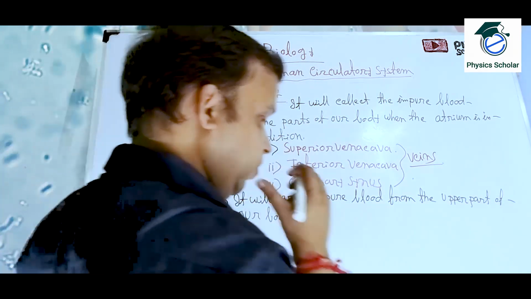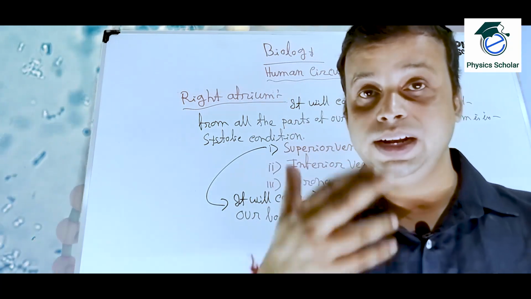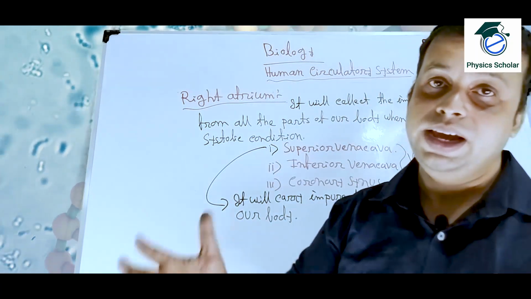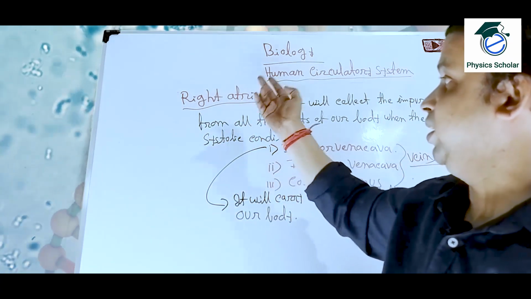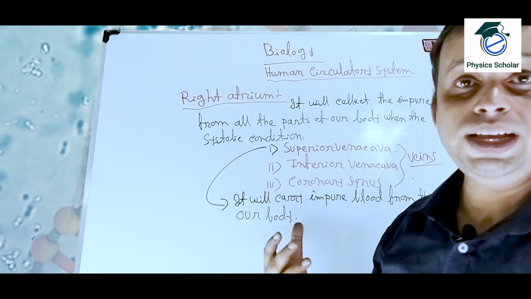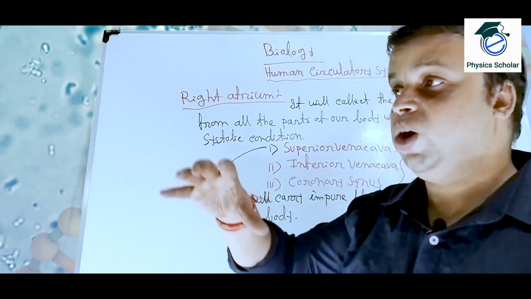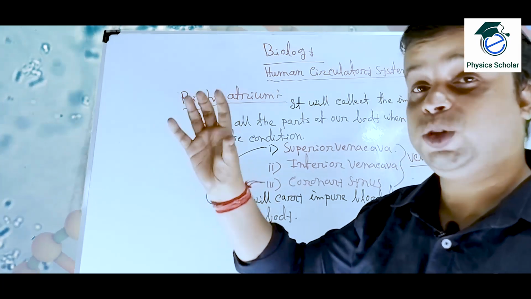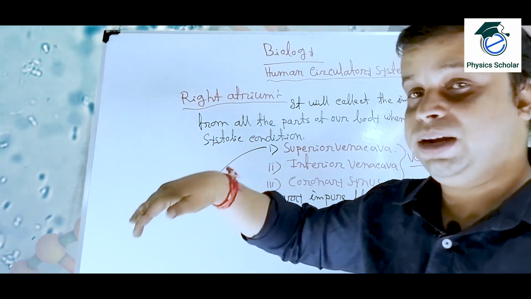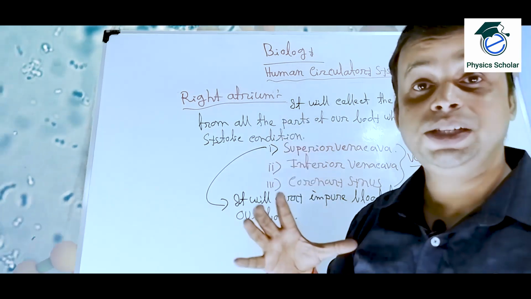So the superior vena cava carries the impure blood from all the portions of the upper part of our body, and that blood will enter the right atrium through the superior vena cava when the right atrium is in systole condition.